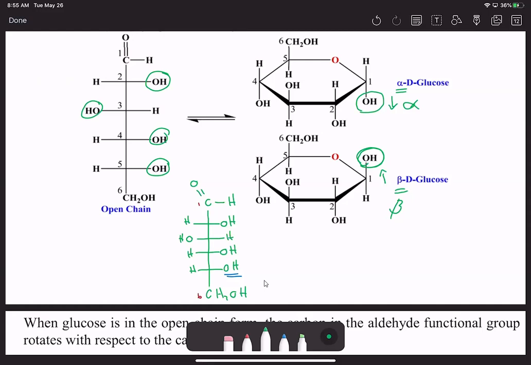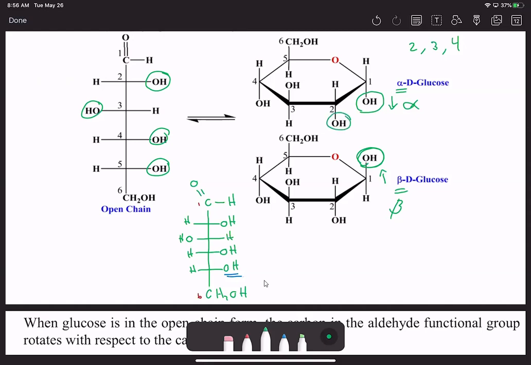Now, when you're looking at these Haworth structures, I'm only looking at carbon number 2, carbon number 3, and carbon number 4. And there's a pattern with these that I memorize as well. I don't look at any other carbons. I strictly look at carbons number 2, 3, and 4.